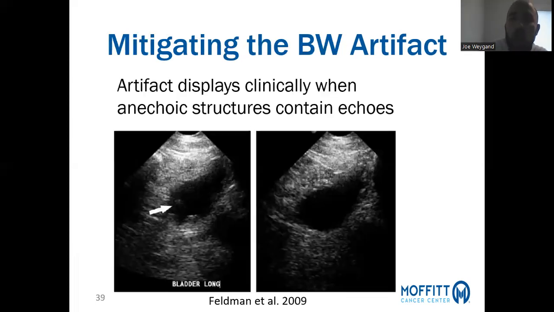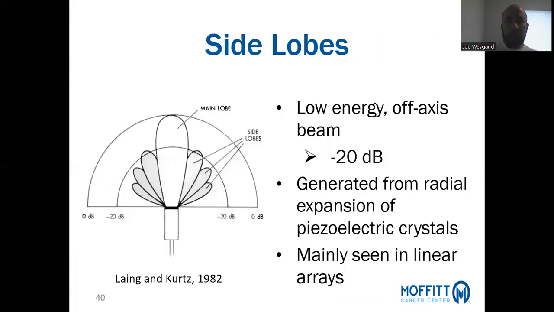So here's an example of the beam width artifact and its mitigation. On the left, you see that this highly reflecting structure overlays an anechoic structure. But if you adjust the focal distance, it is no longer present. Now side lobes are low energy off-axis beams, typically around -20 decibels. They're generated from the radial expansion of piezoelectric crystals, and they have this sort of flower petal-like shape.